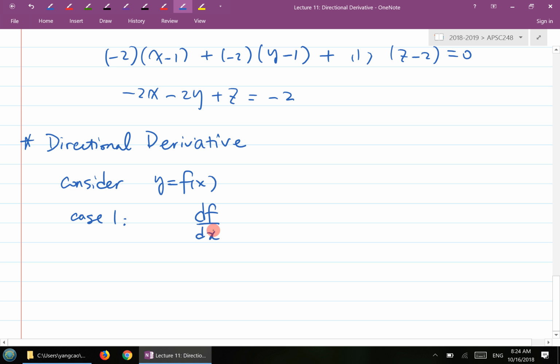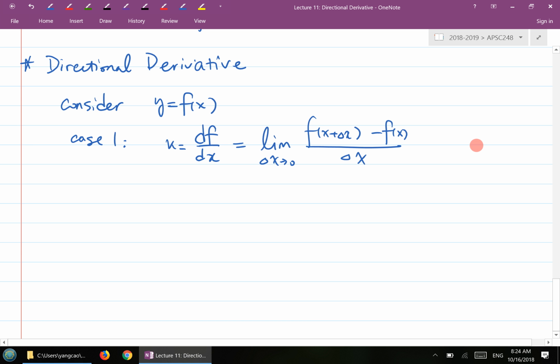You calculate the derivative df over dx, and according to the formula, here is the limit that's involved for this derivative. So we get essentially a slope concept, or rate of change of this function in terms of this x here.